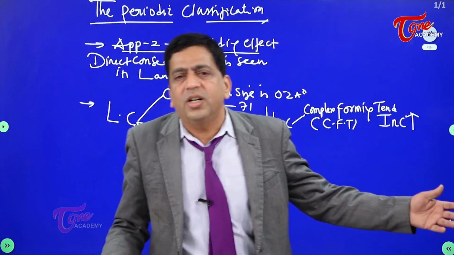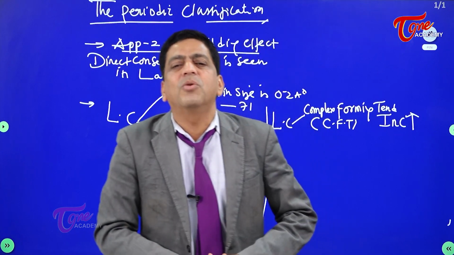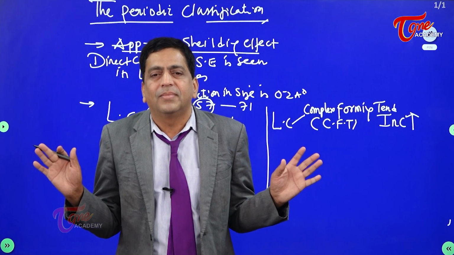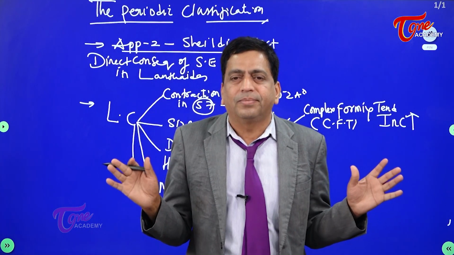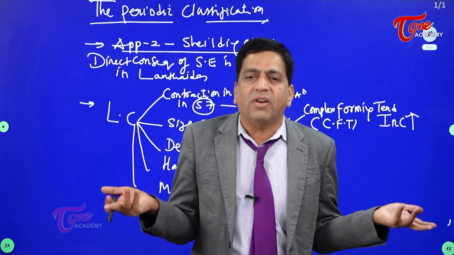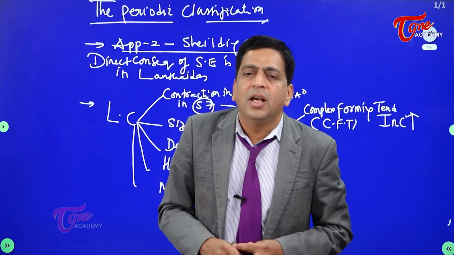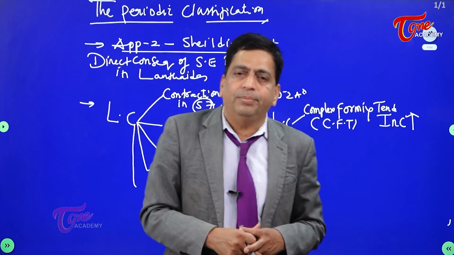You must understand, it increases. Because as the size decreases, one of the criteria to form complexes is that the central metal ion should be smaller. And due to this contraction, lutetium seems to be the smallest among the lanthanides, so its complex forming tendency would be highest and least would be lanthanum, right?